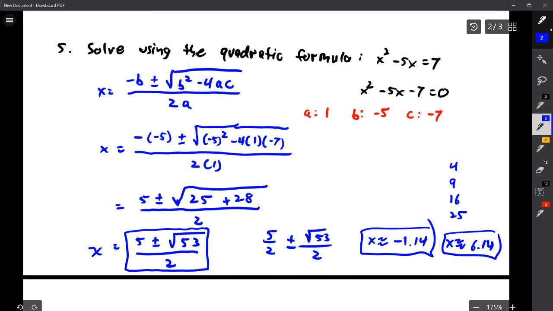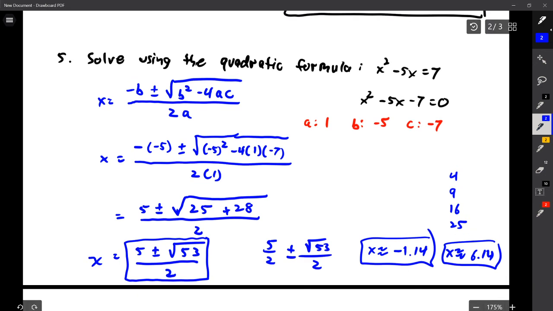In other words, if you were to graph y equals x squared minus 5x minus 7, that parabola would cross the x-axis at these values. It would cross the x-axis at about negative 1.14, so negative 1.1, and if you count 1, 2, 3, 4, 5, 6, just past 6 is where it would cross the x-axis.